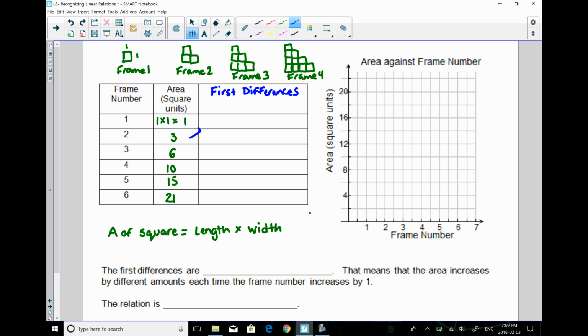I'm going to always subtract up. 3 minus 1 is 2. 6 minus 3 is 3. 10 minus 6 is 4.